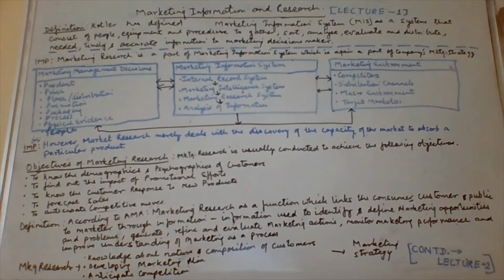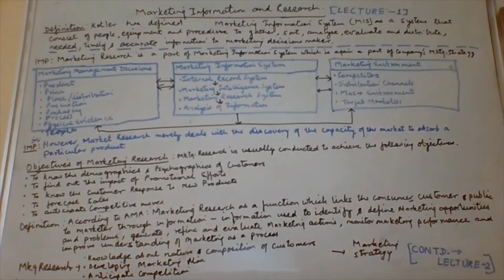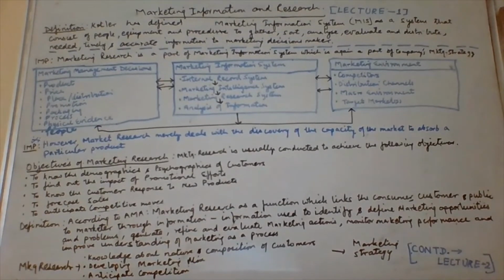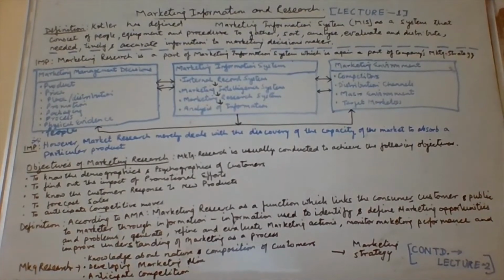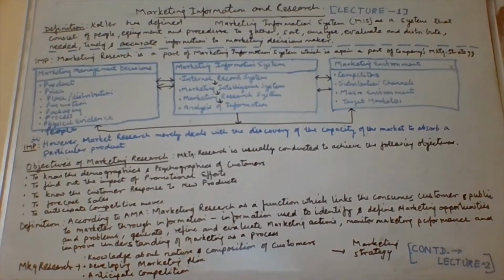This information is used to identify and define marketing opportunities and problems. When we talk about environment, there are various opportunities and problems. If there are problems, they need to be rectified and eradicated, and problems can also be converted into opportunities. It depends on the marketing manager how to visualize the given set of environmental factors, and to generate, refine, and evaluate marketing actions.